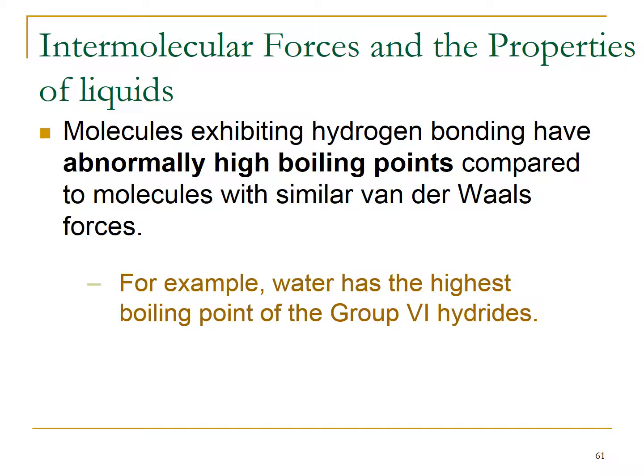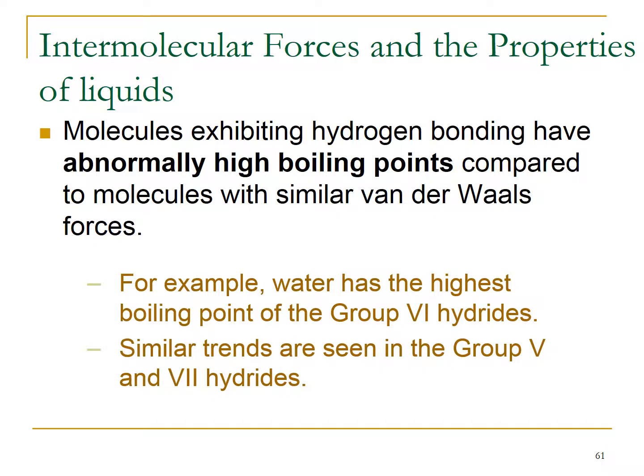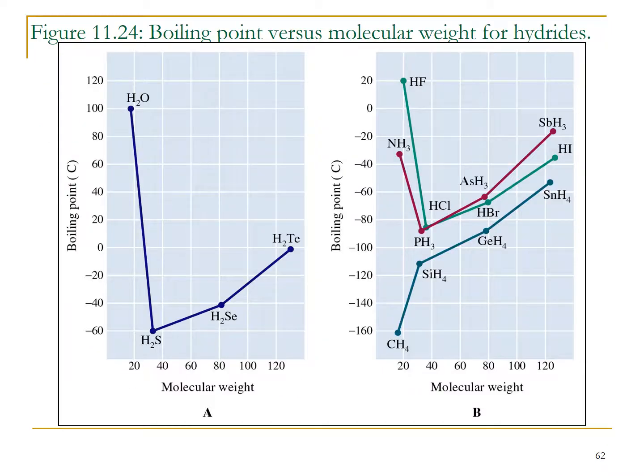So you can see water is the highest out of all the group 6A hydrides. So let's look at the chart. Okay, so you can see here that, and we talked real briefly, and we're going to go over this again in just a minute, but the bigger the molecule, the bigger the London forces, and so you would expect the stronger the attraction, and so the higher the boiling point. So if you look at chart A, you can see that H2S has the lowest boiling point, lower than H2Se because H2Se is a bigger molecule.